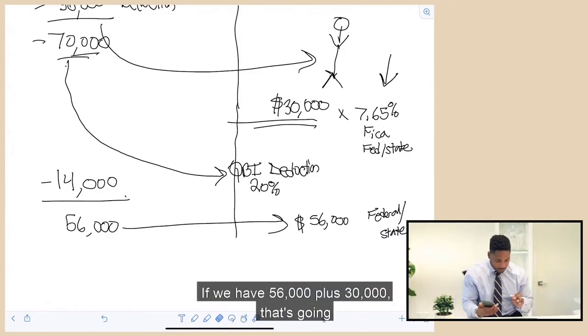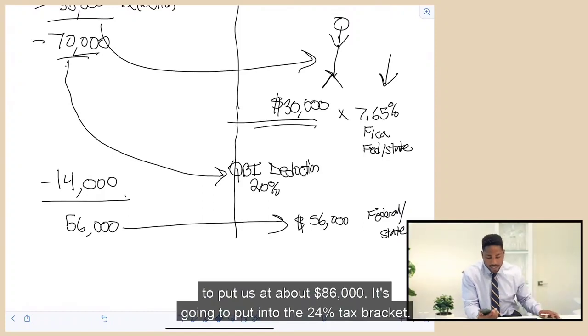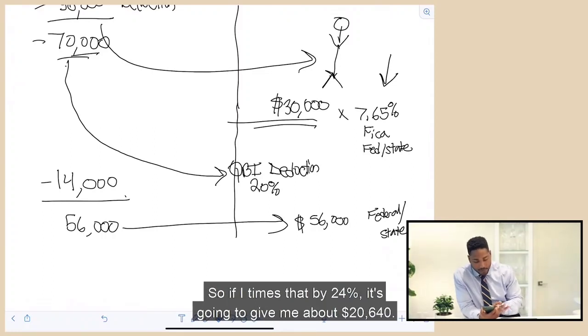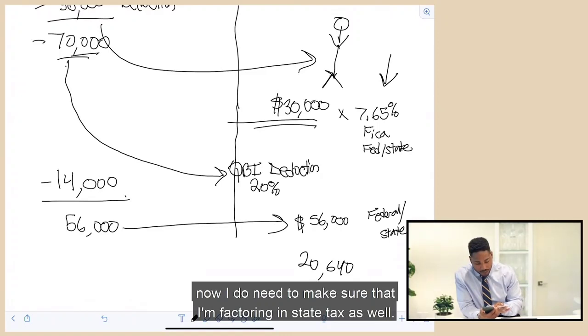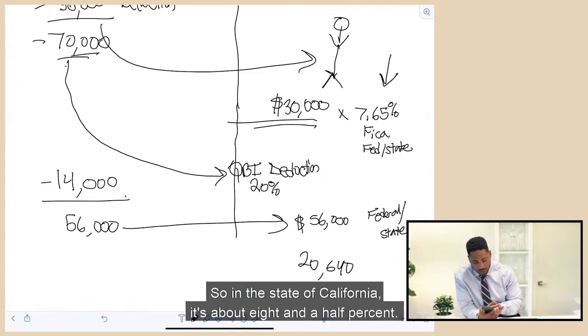If we have $56,000 plus $30,000, that's gonna put us at about $86,000. It's gonna put us into the 24% tax bracket. So if I times that by 24%, it's gonna give me about $20,640, okay? Now I do need to make sure that I'm factoring in state tax as well, because I'm in the state of California, it's about 8.5%.